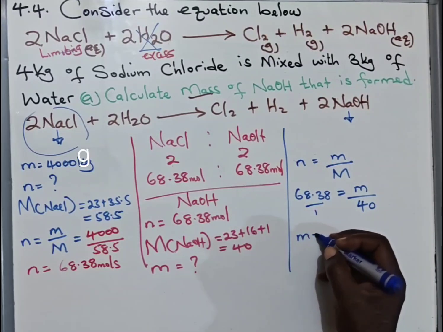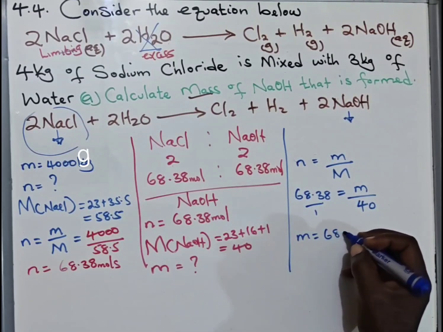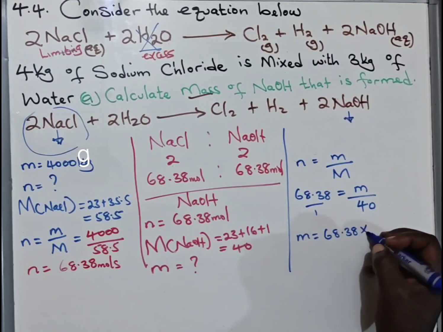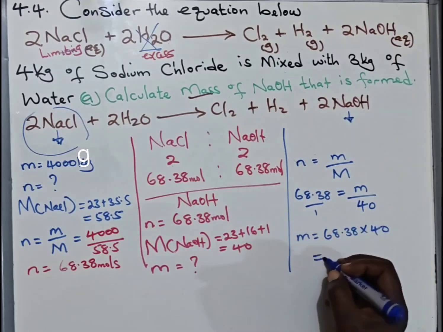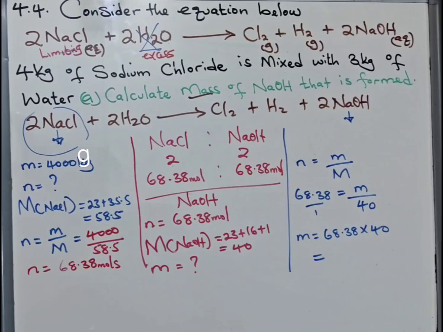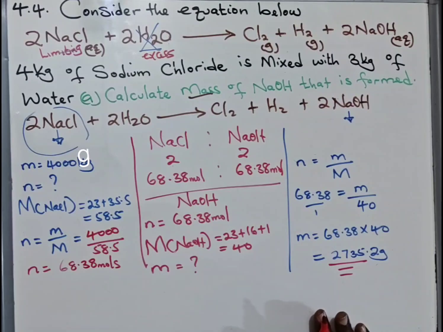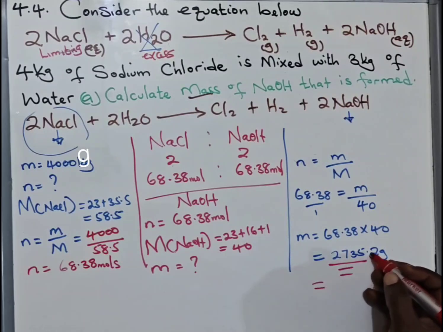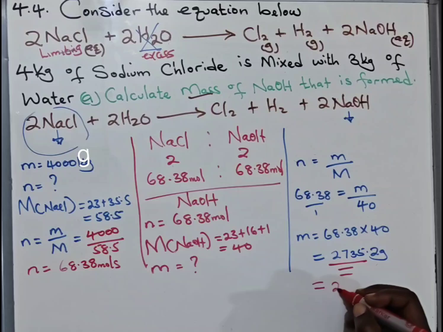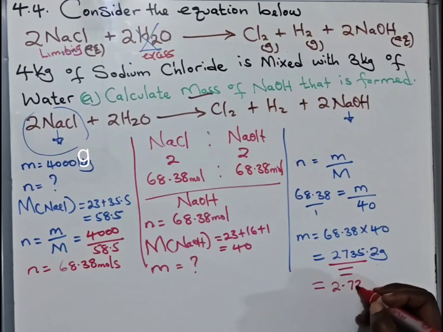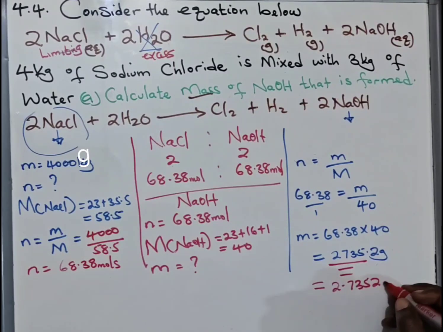And you get your M as 68.38 times 40, which is 2,735.2. And if you want it in kilogram, it can be 2.7352 kilograms.